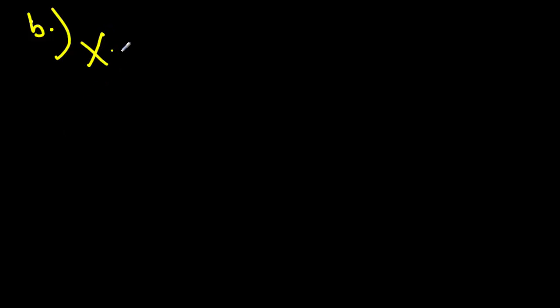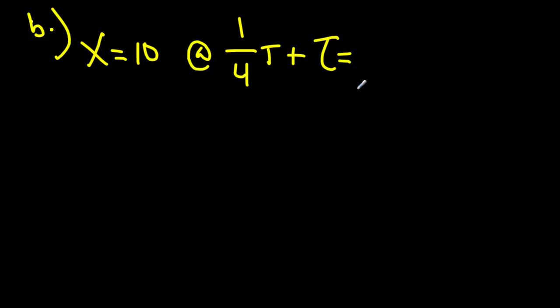So if we have x equal to 10 at 1/4 t, or a quarter of our period, plus tau, or our phase shift, this comes out to equal 1/4.